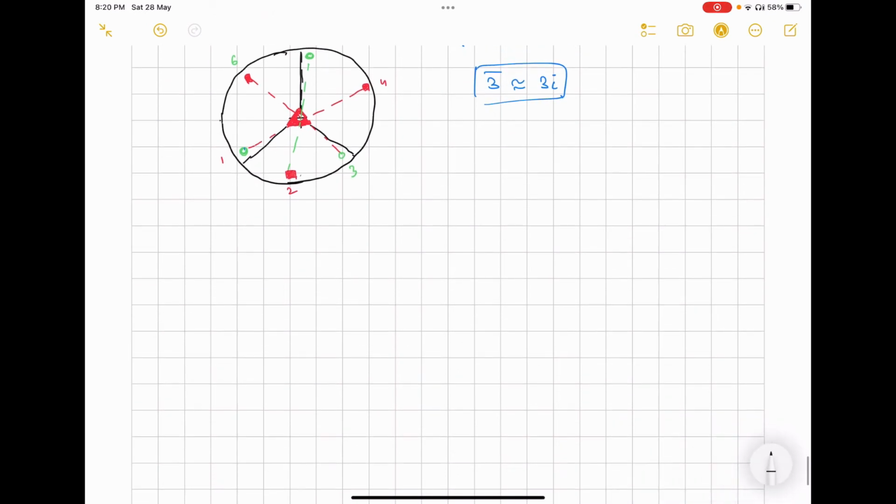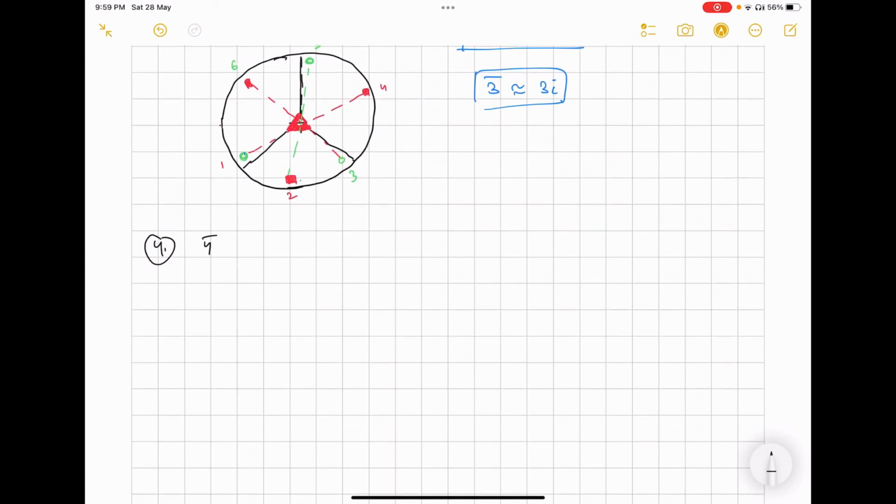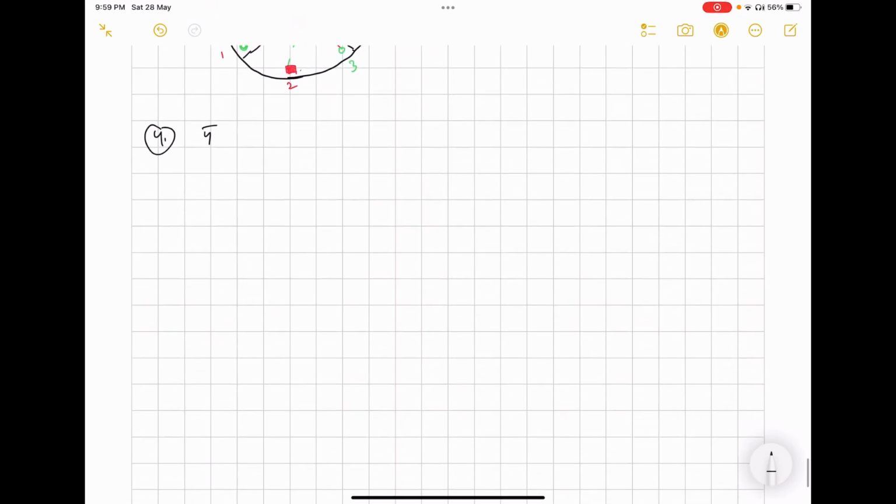Now let us move to 4. Okay, so now we move on to 4 bar, that is 4-fold rotation and inversion, that is 4-fold roto-inversion.